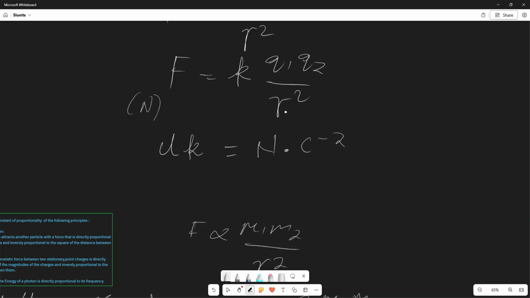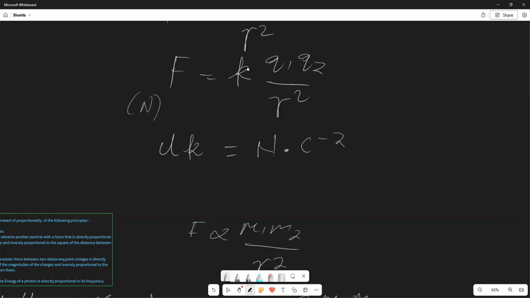What about this meter squared on the denominator? We need to get rid of that as well, so that when you multiply the units of K by this, you are only left with newtons.